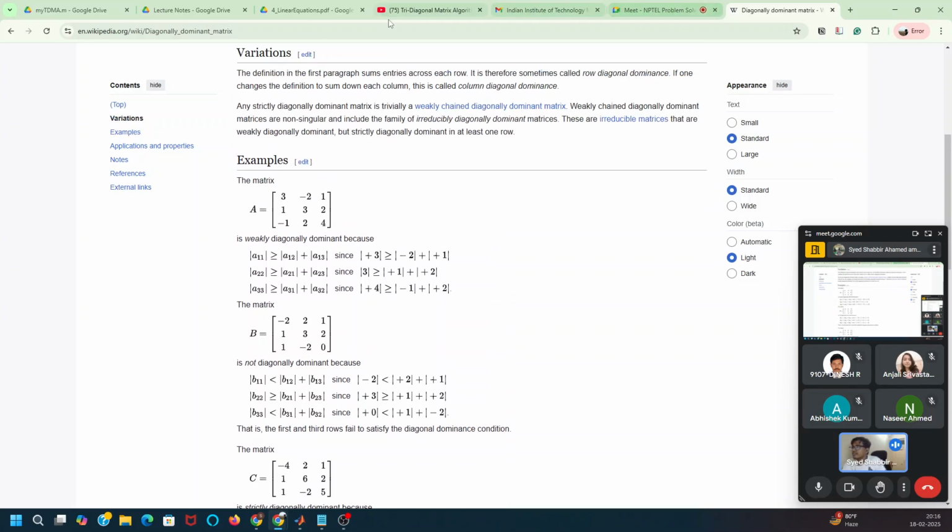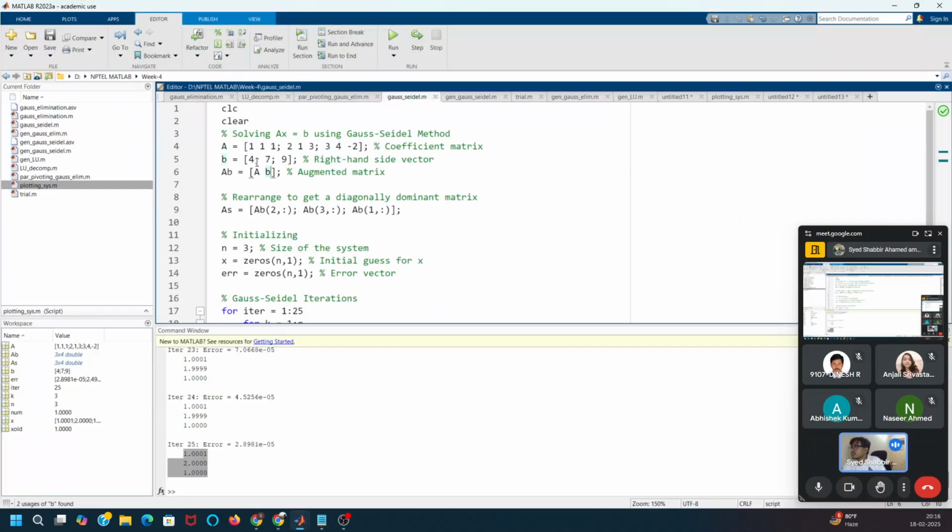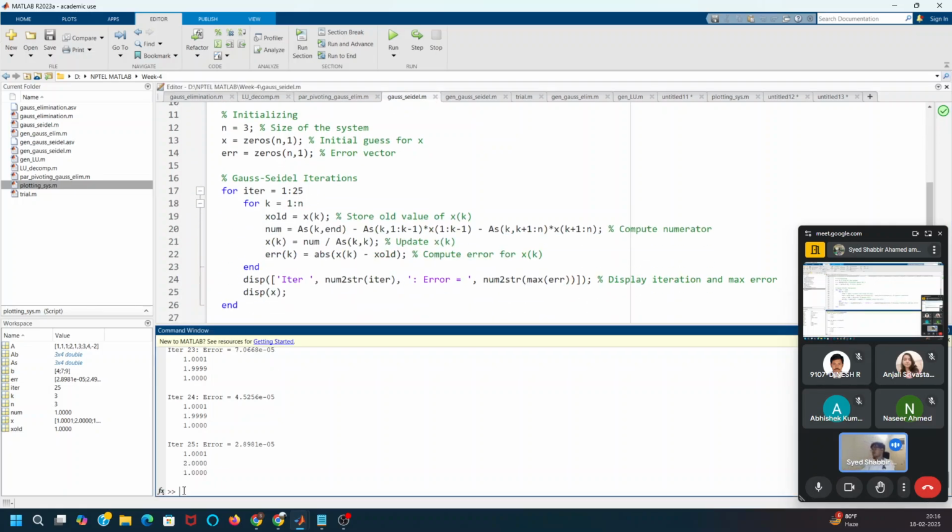But in this case, let's say I print A. If I take the principal diagonal element, its absolute value, and the sum of the other two elements in this row, then I get 1 is less than or equal to 2.